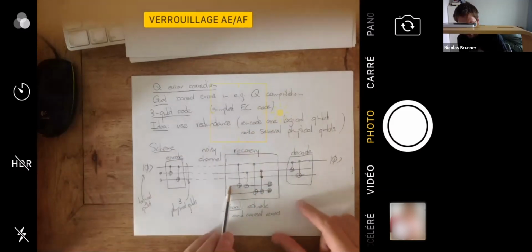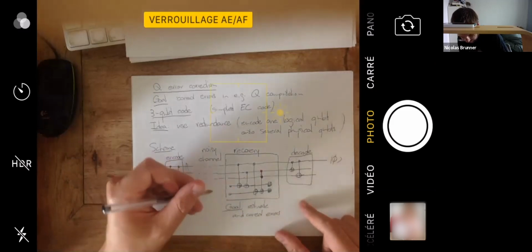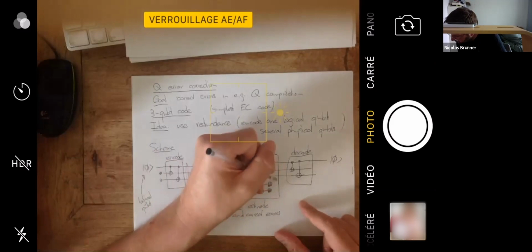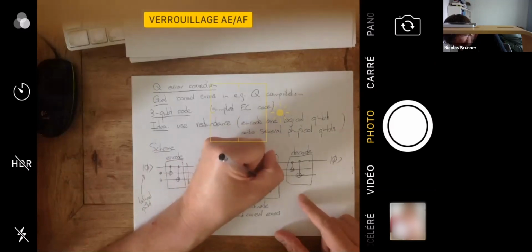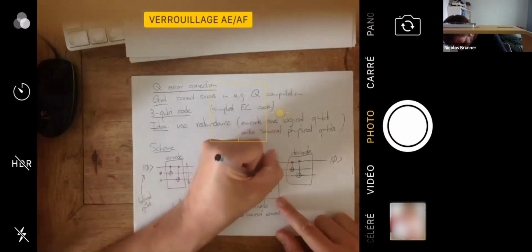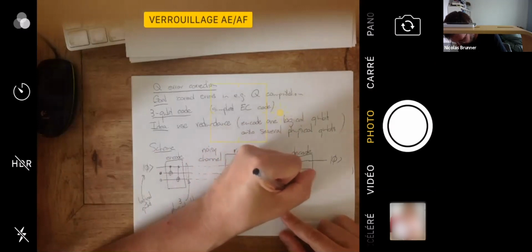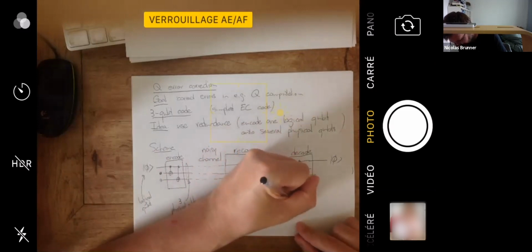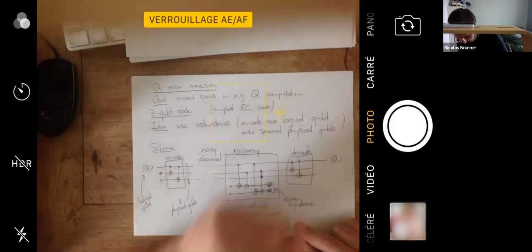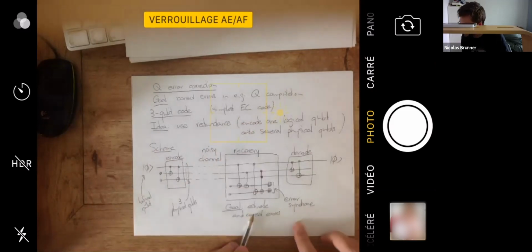So what we do here is we add two further qubits, and when we look at the result of these measurements, this gives us what is called the error syndrome. So this is, if you want, the estimate of our errors.